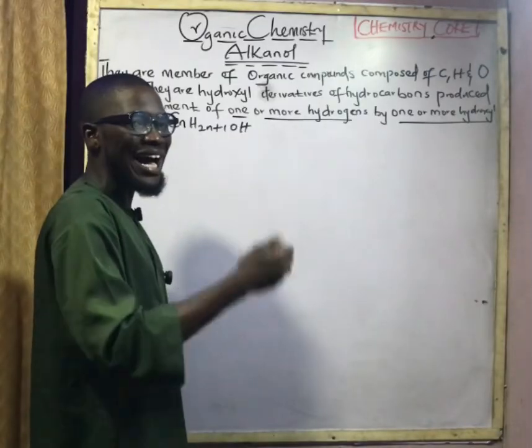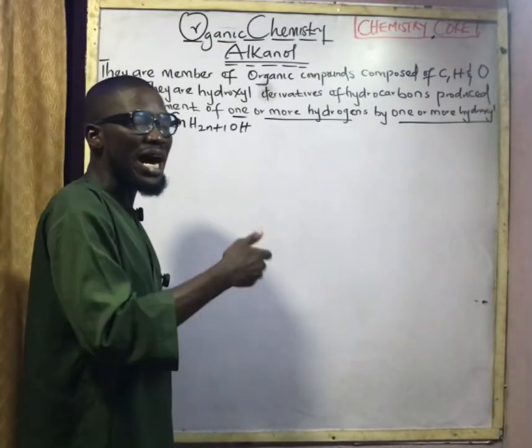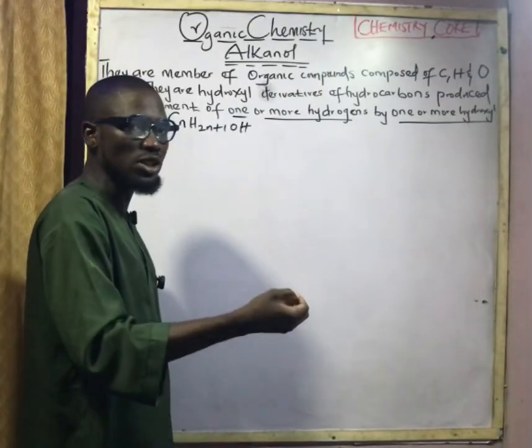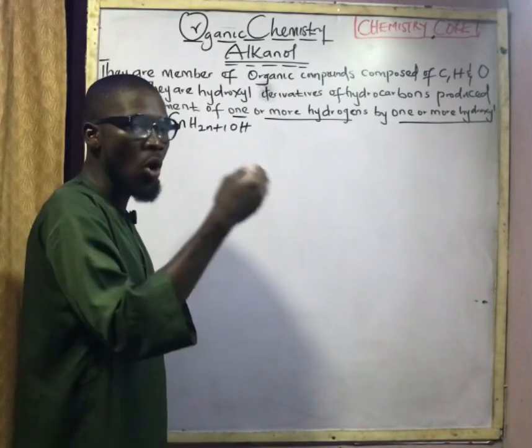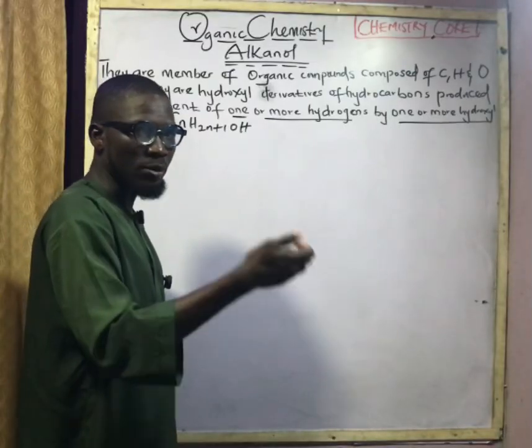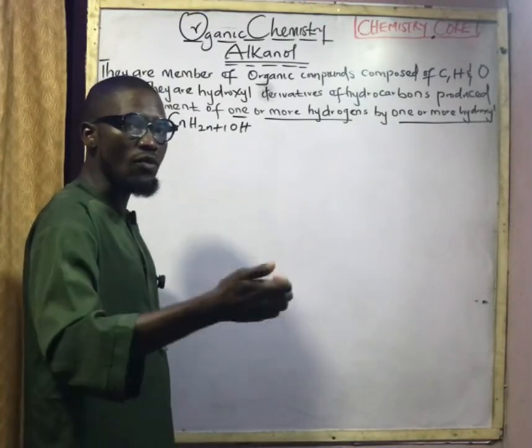We are going to take a look at that under the classification of alcohol. And how can we easily deduce whether it is one hydroxy or more hydroxy? I'll be showing you guys the beauty behind that under the classification of alcohol.